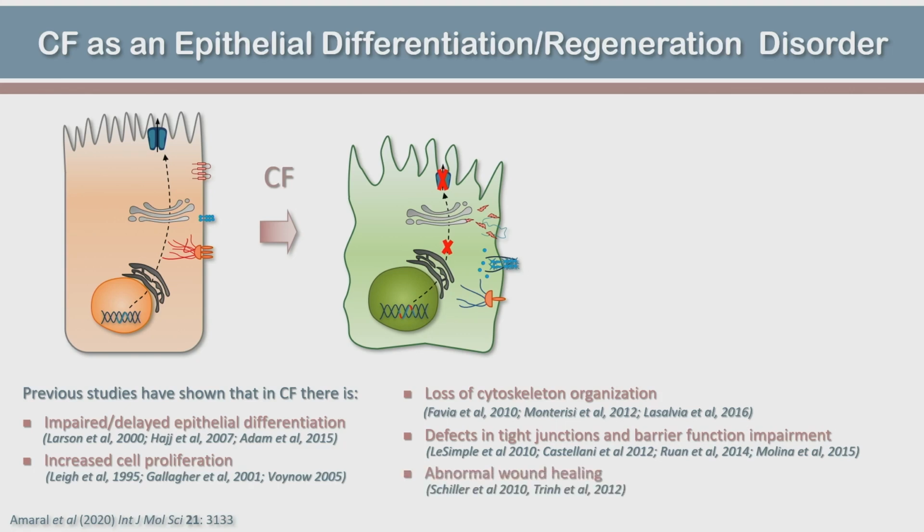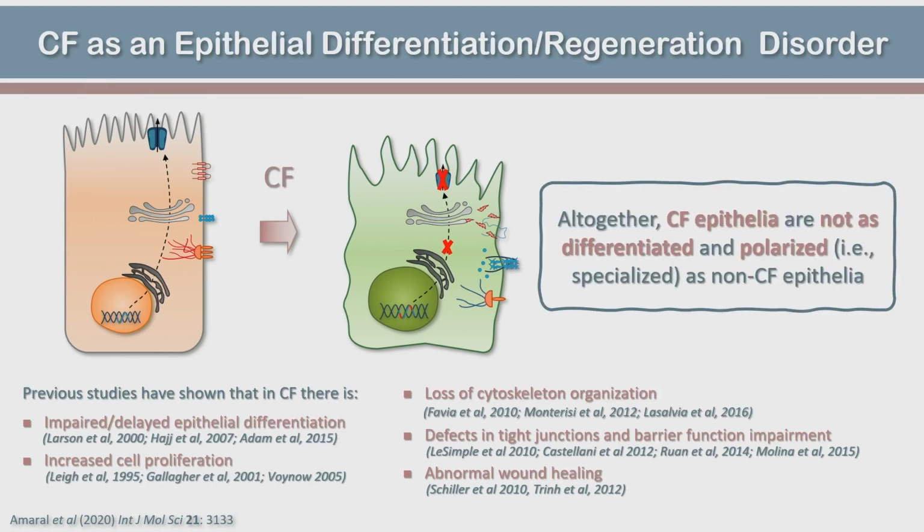More recently, there have been reports with data showing that there is abnormal wound healing. And if you think about the CF epithelium and all the challenges that it is subjected to, we may easily understand why once it has been challenged by bacteria, by particles, whatever, it becomes a problem in terms of healing that epithelium.